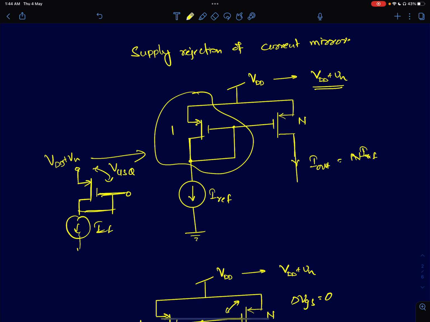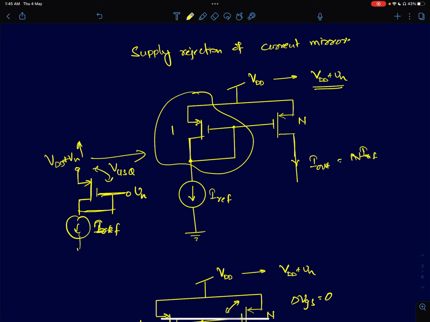Let's call it VGS Q, the quiescent VGS, which corresponds to the reference current. Now I have just increased the source voltage by Vn. What will happen? Because your VGS is fixed, the gate voltage will also just increase by Vn.